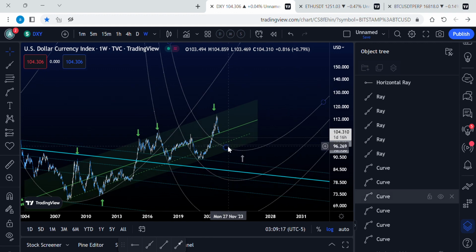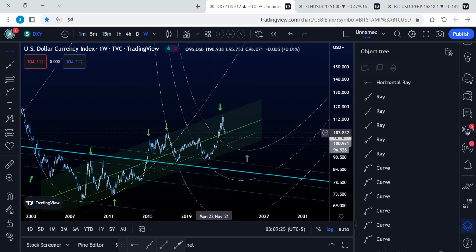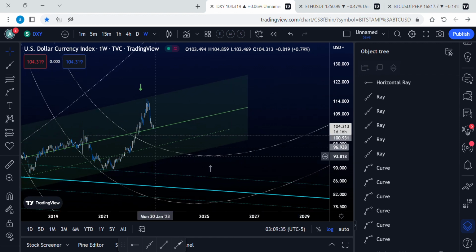So I think he wants to maybe first of all establish his parabolic, first of all react to this vibe, and he finished the 5-wave move.